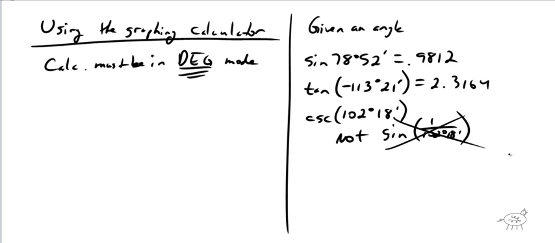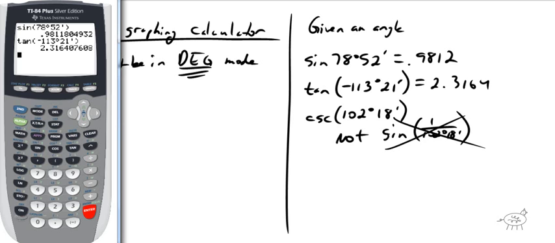In fact, I'm going to show you what it looks like when you do it this way. If I do sine of 1 divided by 102 degrees, just to make it easy, watch what happens. You get some weird answer, which is actually scientific notation for 0.00017.